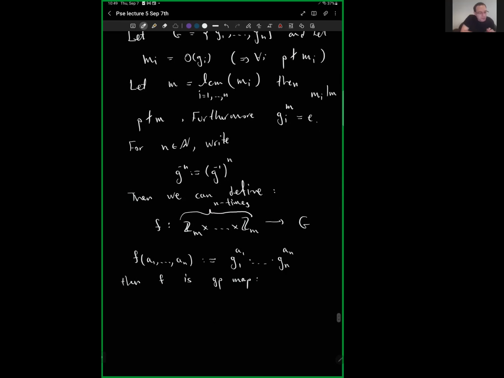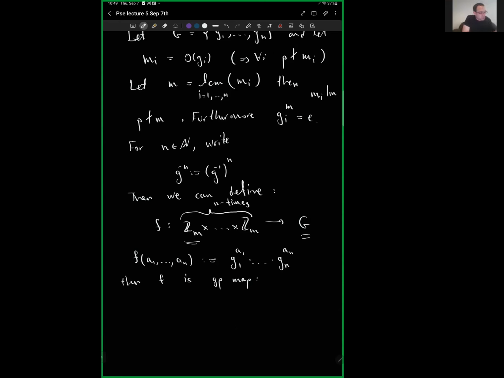Well, how do we check that f is a group map? Recall that in the Cartesian product, the binary operation is done coordinate-wise. And in the integers modulo m, the binary operation is addition modulo m. In G, because we don't assume anything on G, the convention is that the operation is multiplication.